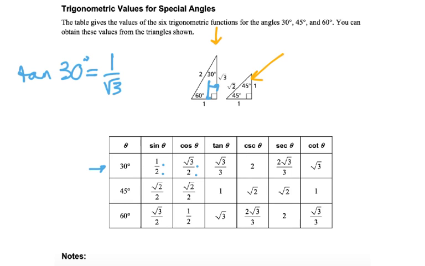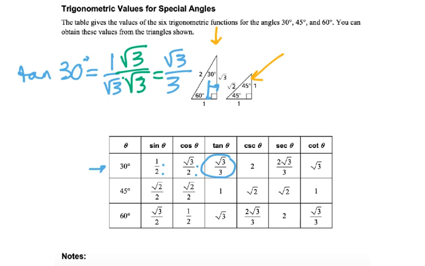You have to remember root of 3 is an irrational number, so we can't leave it in the denominator, which is why we need to rationalize it. We're going to change the way it looks by multiplying by the equivalent of 1. And so when we end up getting the tangent of 30 degrees, it is root 3 on the top with an entire 3, and that's where this comes from. Okay? Hopefully that's good for you.